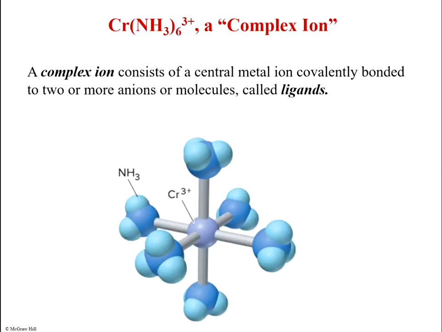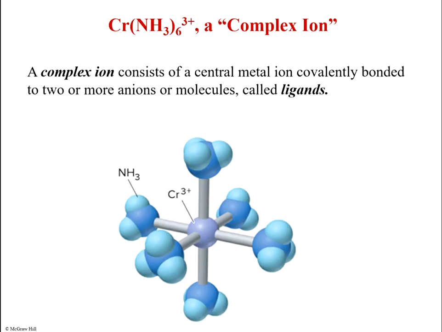Our last topic in Equilibria is going to be the formation of complex ions. We're going to go through this briefly. A complex ion consists of a central metal ion, and typically that metal ion is thought of as a Lewis acid. It's an electron pair acceptor, and it is covalently bonded to two or more anions or molecules that have lone pairs that are electron pair donors.